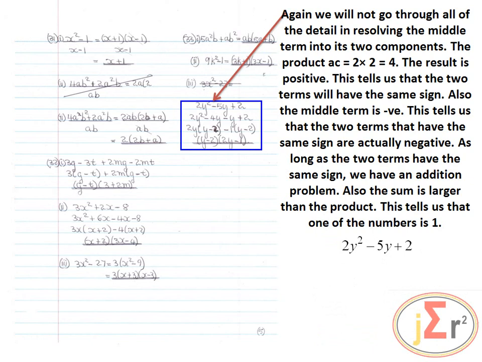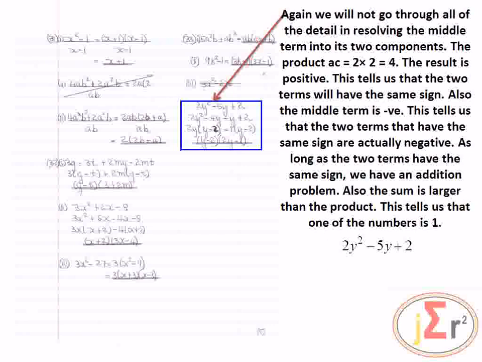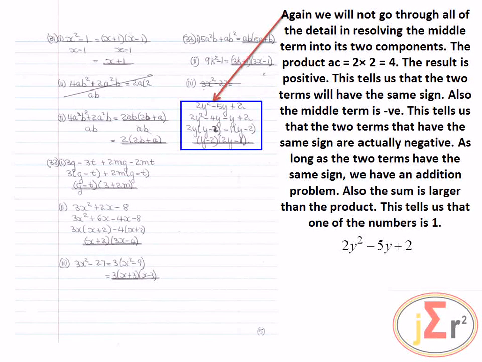Now we have our final trinomial and our final problem. Again, we will not go through all of the detail in resolving the middle term into its two components. The product AC is 2 times 2, and that is equal to 4, and it is positive. The result is positive.